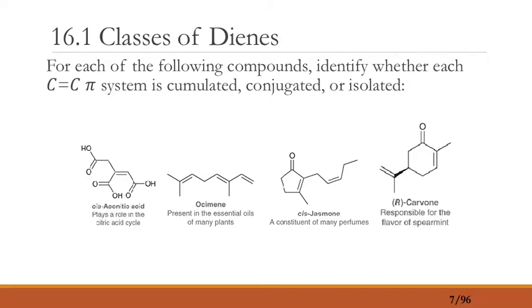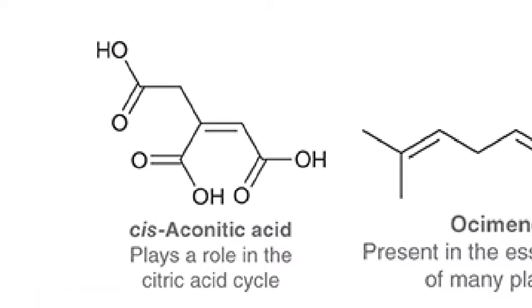For each of the following compounds, identify whether each carbon-carbon pi system is cumulated, conjugated, or isolated. All right, so we look at this cis-aconitic acid, which plays a role in the citric acid cycle. We've got double bonds here, here, here, and here. And we have single bonds that are shown in green, like that.